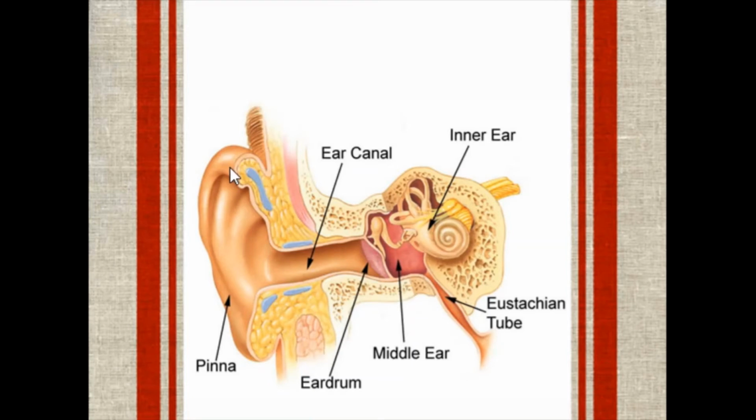This is how our ear looks from the outer part going inside. Just follow the arrow as I say the name of each part. This is the pinna. We have the ear canal. We have the eardrum.